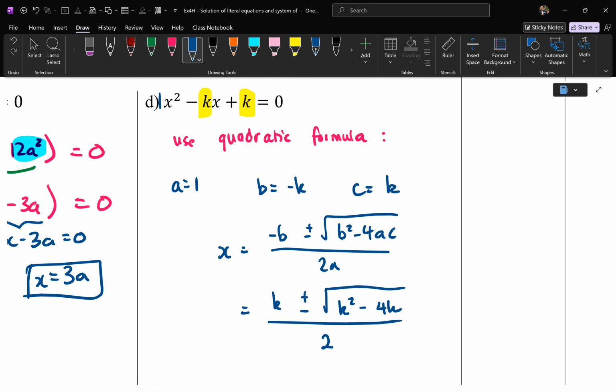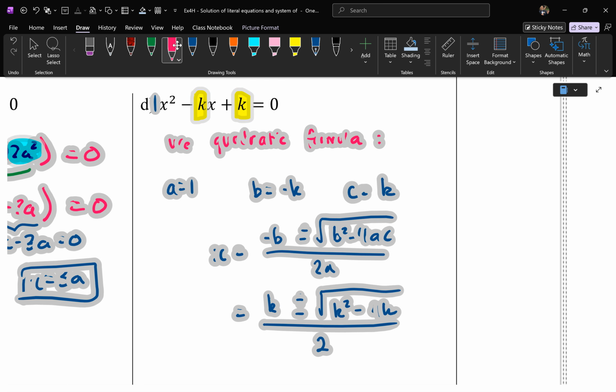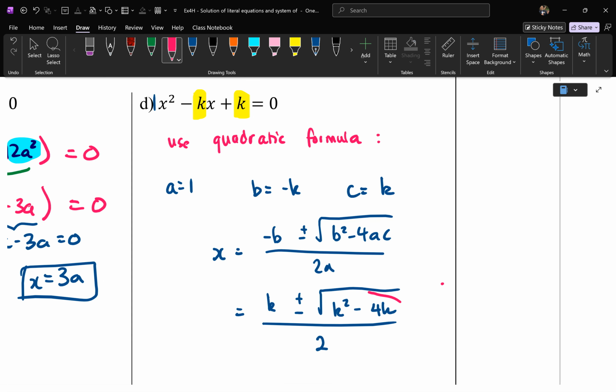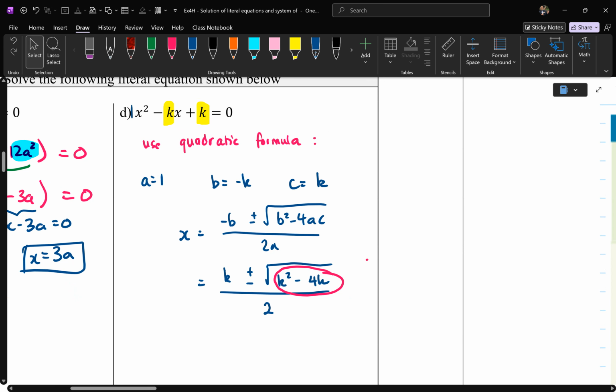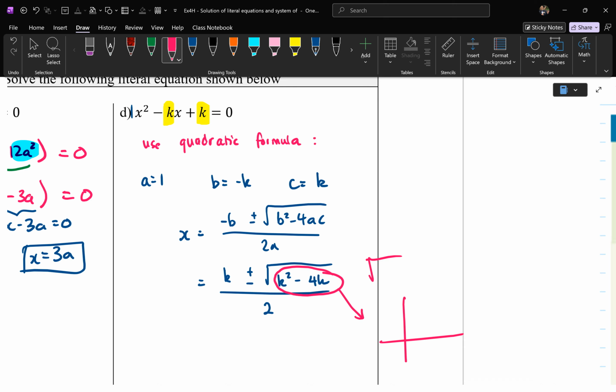Seems okay, although there is a restriction on k. If you just look at this bit here, this is just me being a bit pedantic, but k has a restriction because what can't you square root again? Negative. But if you sketch this graph, k squared minus 4k is the same thing as saying k times k minus 4.